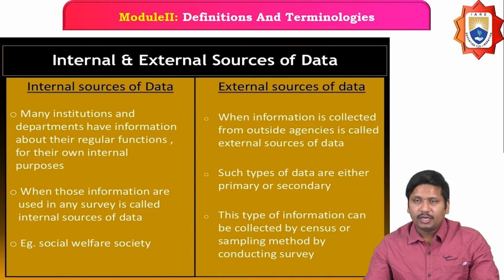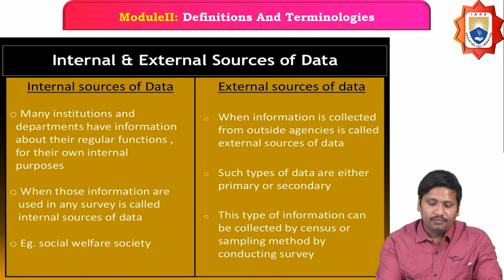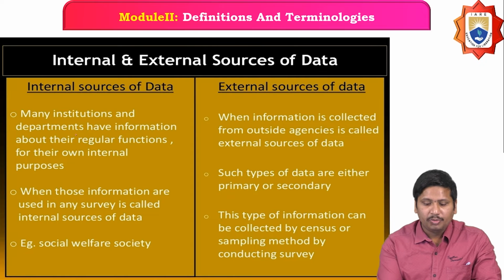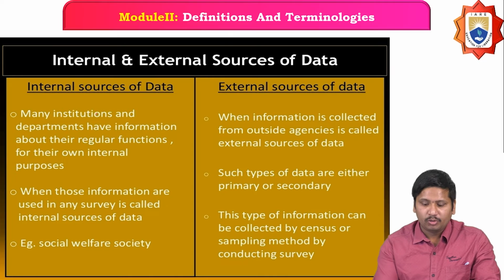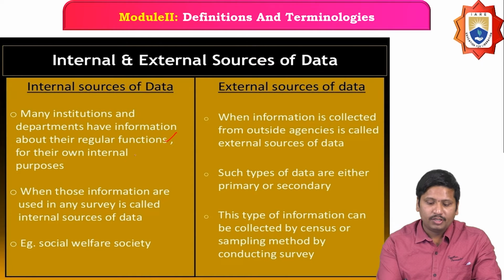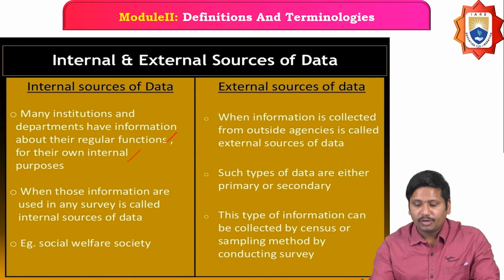And let me compare that. The question is, what are the differences between internal and external sources of the data? What they are going to ask is that many institutions and departments have information about their regular functions and for their own purpose, whereas the information we collected from outside agencies should be the external sources of the data.